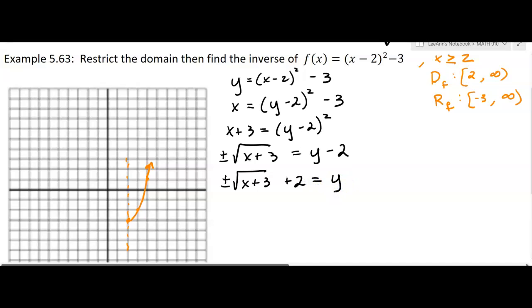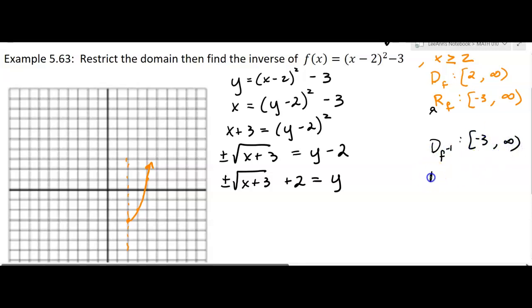And then we're going to think about, well, remember, if my range for the original function is -3 to infinity, then my domain for f inverse has to be -3 to infinity.